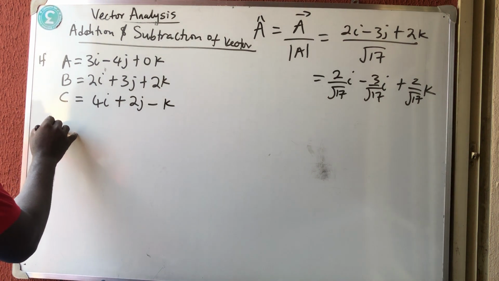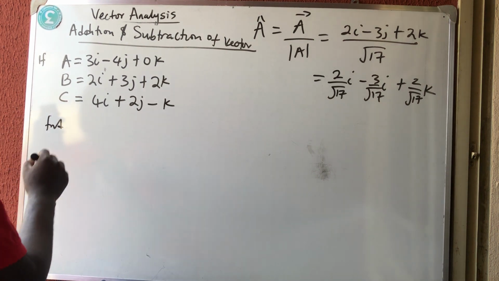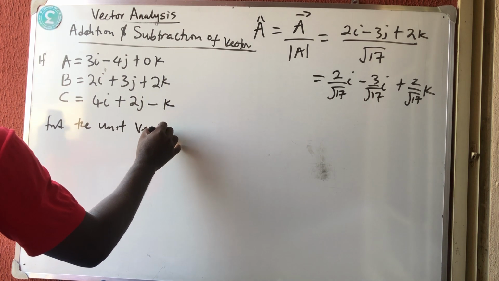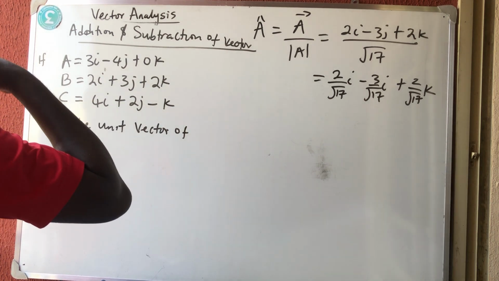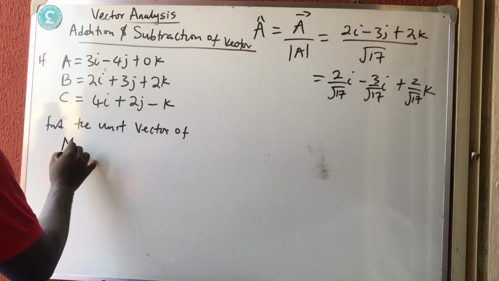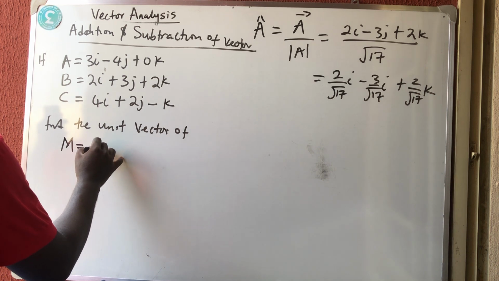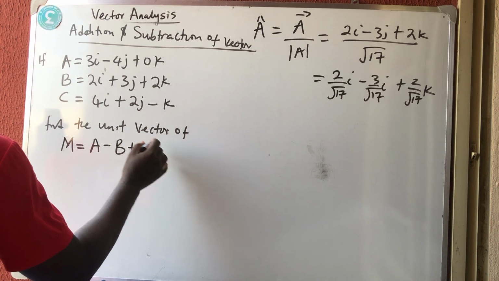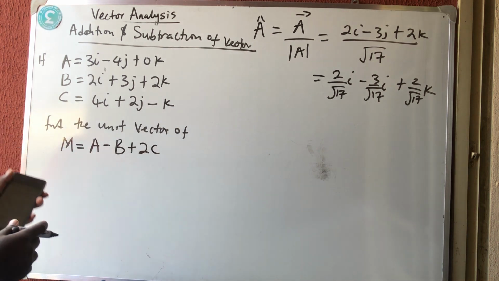Okay, then they say find the unit vector of vector m, which is equal to a minus b plus 2c. Okay, they gave us this.